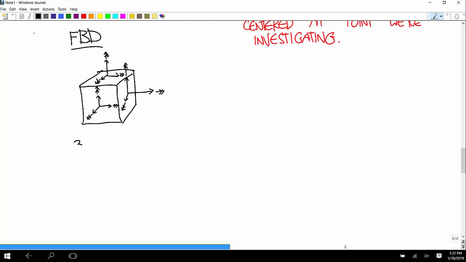So there's 36 total reaction loads on this finite cube.